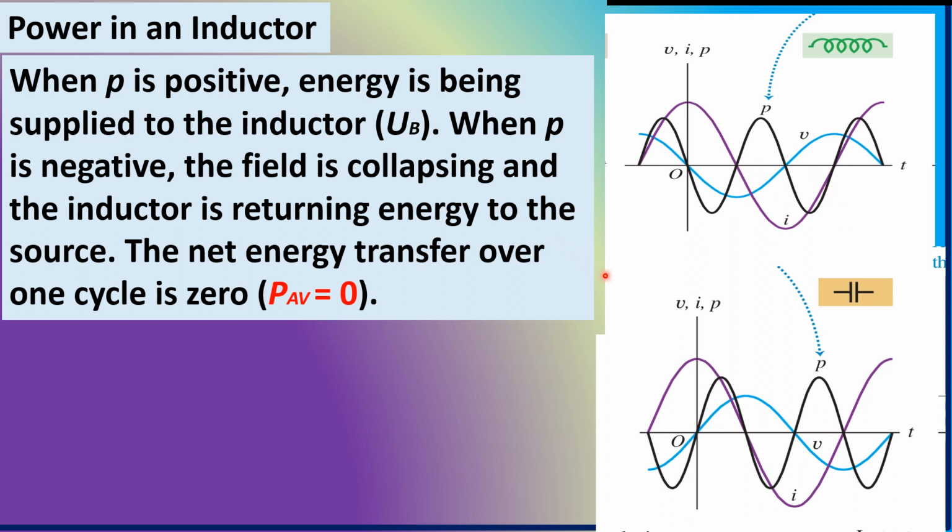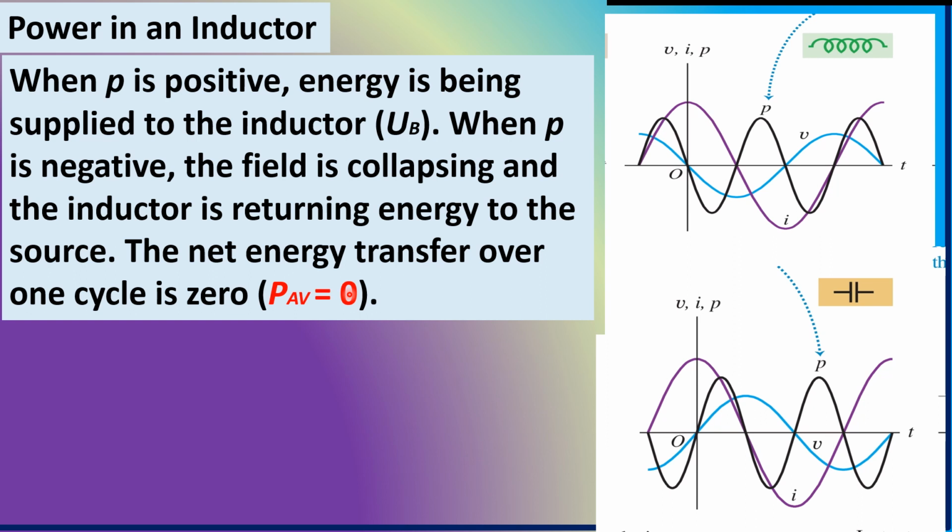And when power p is negative, the field is collapsing and the inductor is returning energy to the source so that the net energy transfer over one cycle is equal to 0.